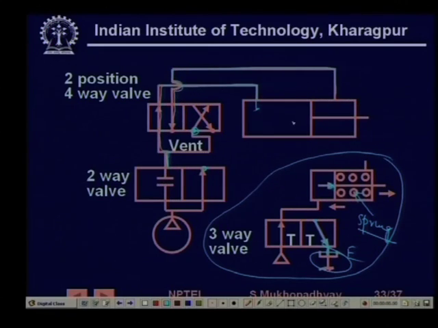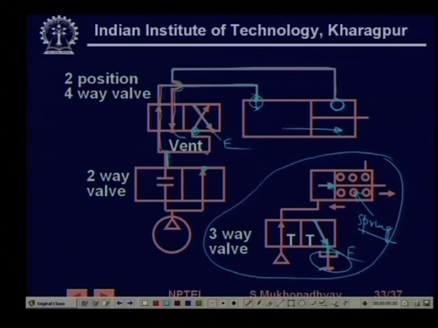So, the cylinder will move this way. If you now shift this valve, then what is going to happen is that the high pressure will go this way. So, it will be applied here, it will be applied here, and the other side will be applied here. So, it will be exhaust.